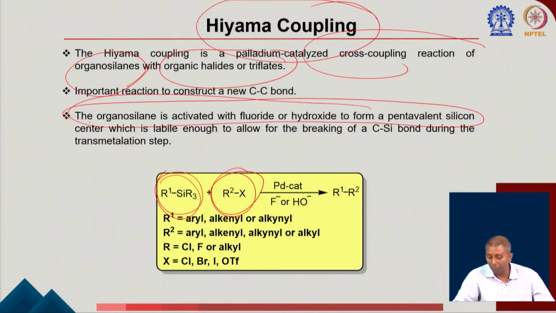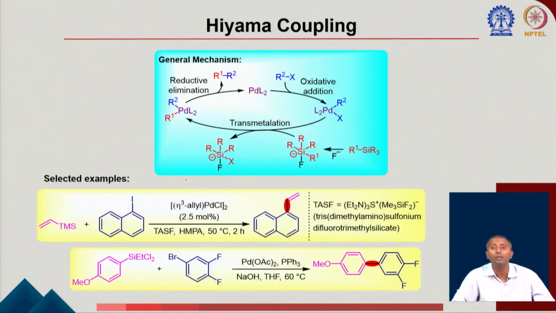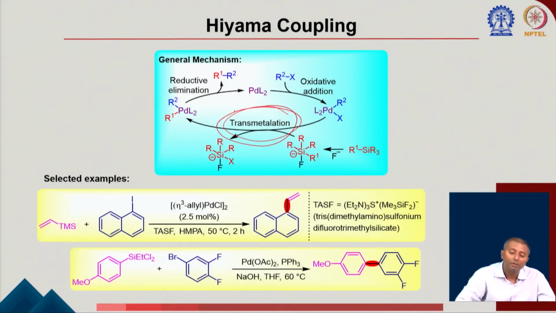So we're going to come to that point. As you have seen for Suzuki coupling also, we need to use the base to form the boronate species. Here also you have to make a pentavalent silicon species to activate this organosilicon using F minus or OH minus, which can allow the transmetallation step to take place. The oxidative addition is going to take place, which we have already learned about.